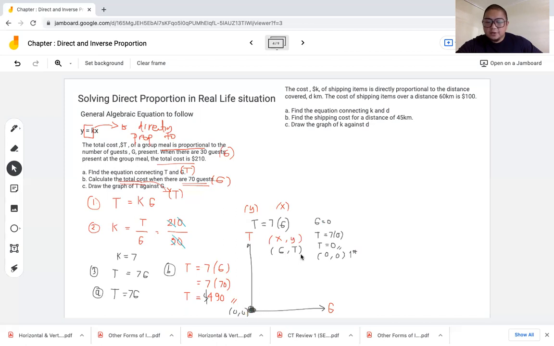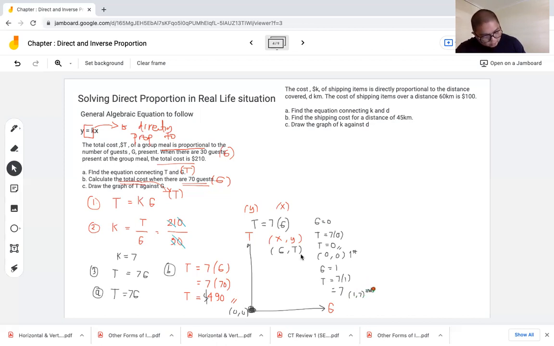Okay, the next one is for you to spot the next smaller value. So let's say, for example, my next smaller value for G is equivalent to 1. So all you need to do is to just follow the same procedure, 7 times 1, which gives you 7. So that would mean that the second point that you're going to have is 1, 7.